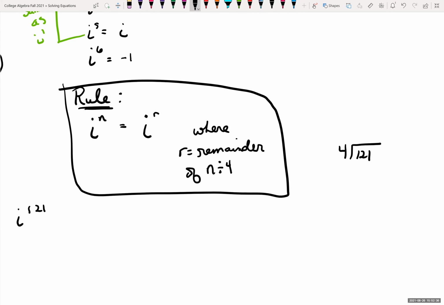Well, 4 goes into 12 evenly 3 times. And then 4 goes into 1 zero times. And so the remainder here is 1. So I know that i to the 121st power is the same thing as i to the 1st power, which is i.